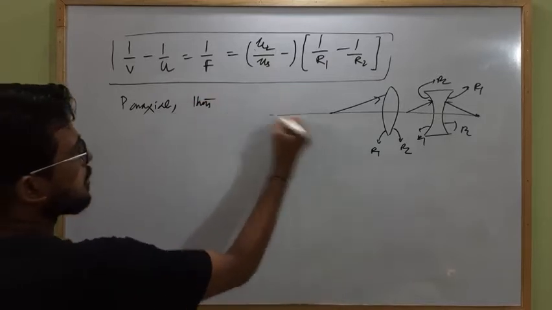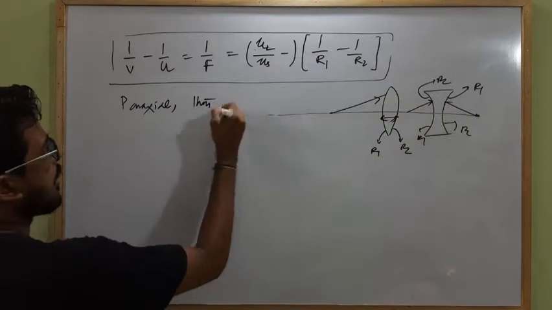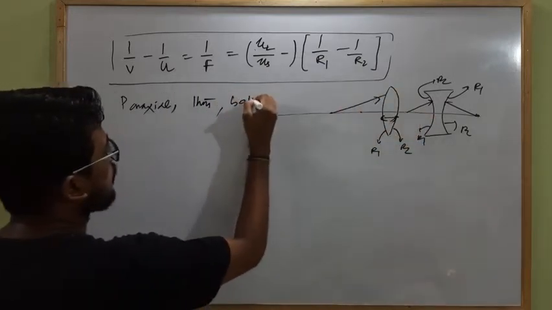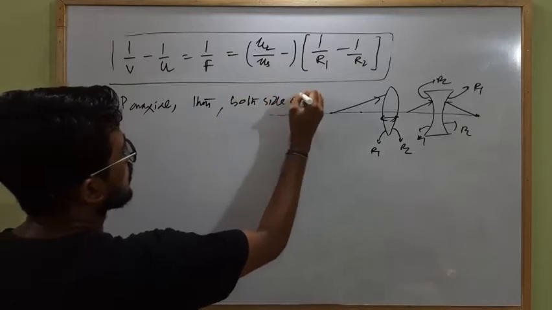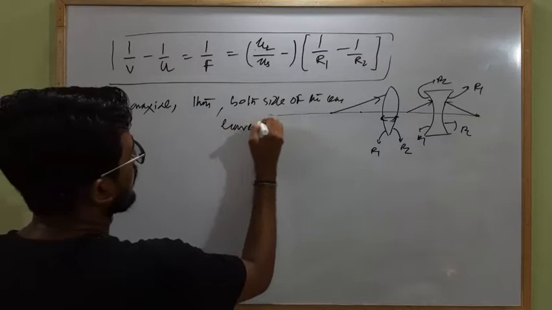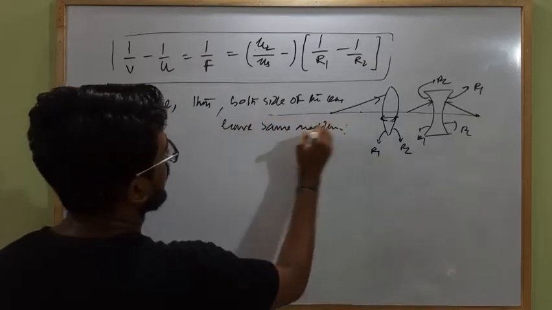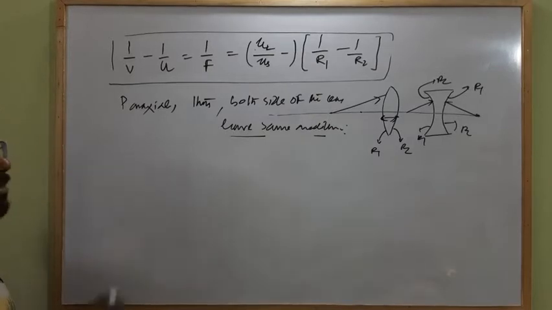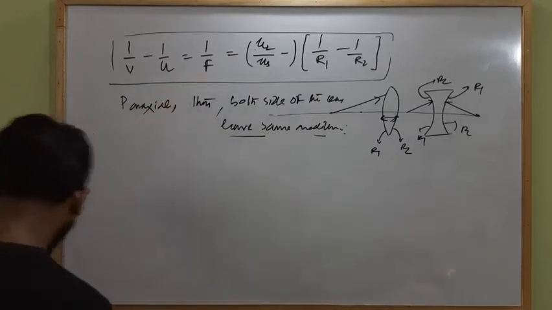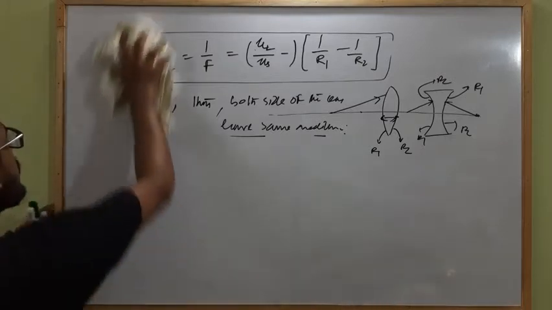That means if this is the lens, this thickness will be very negligible, and both sides of the lens have the same medium. Clear? These are the conditions only when this formula is valid. Clear?